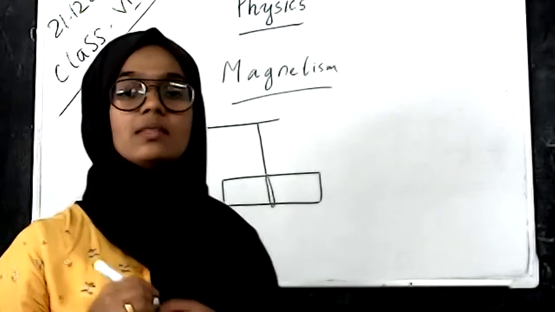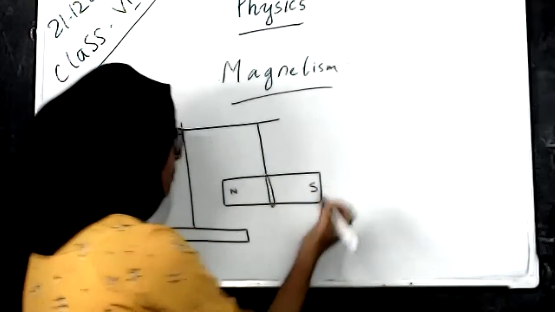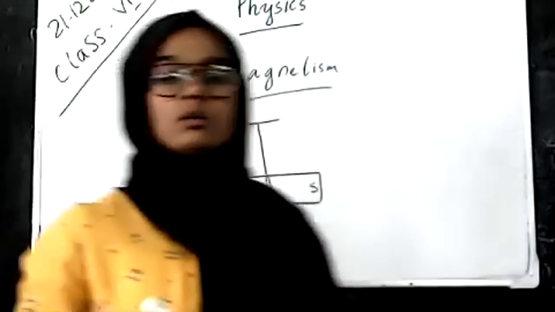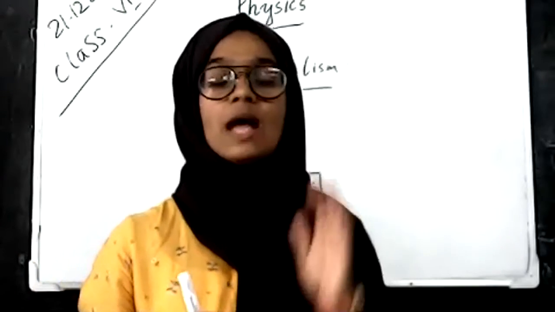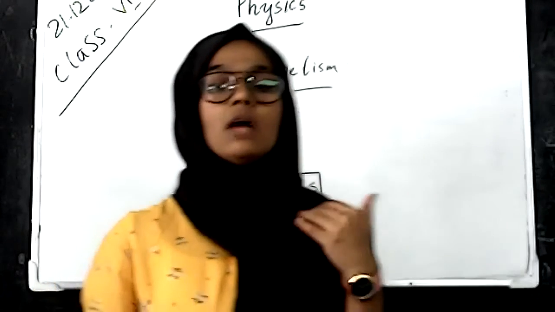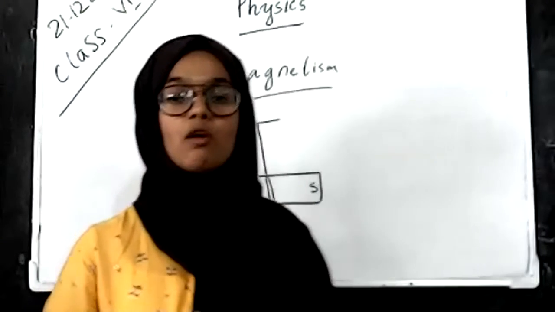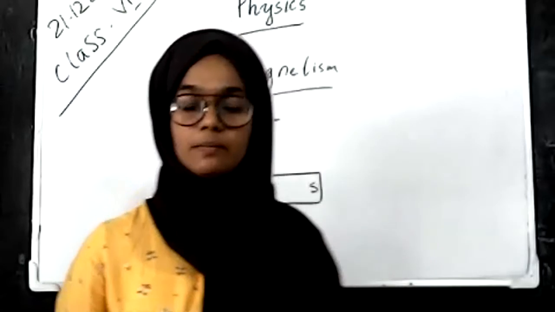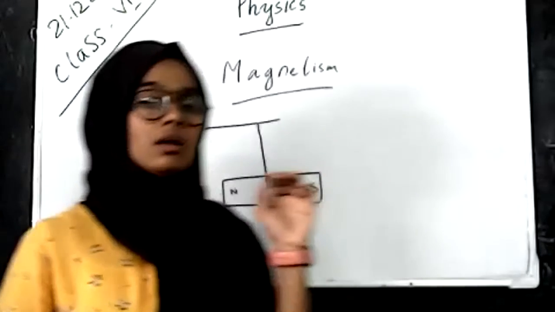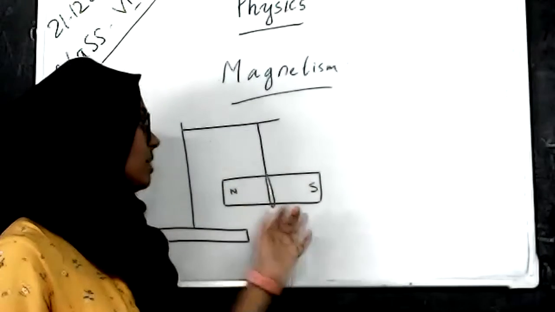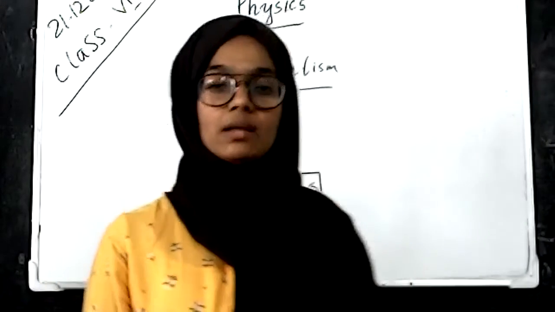It rests only in the north-south direction. This is because the magnet aligns with the north and south poles of Earth.